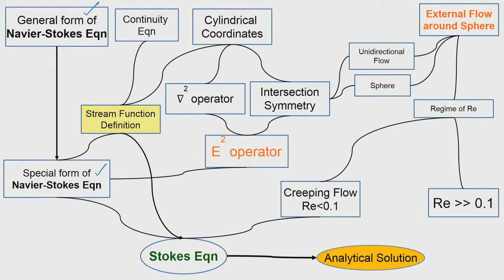So, we do have special forms of Navier-Stokes equation available, and we already have seen the continuity equation, that is the mass conservation, and using the continuity equation and the idea that when you have two velocity components, you can perhaps create a function that will capture these two into a single unknown variable.